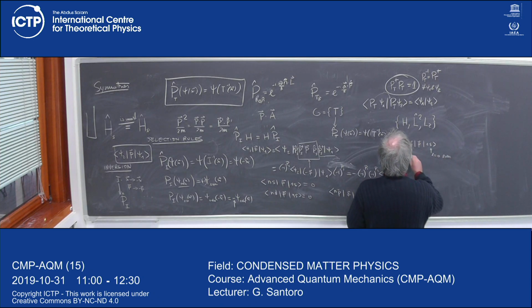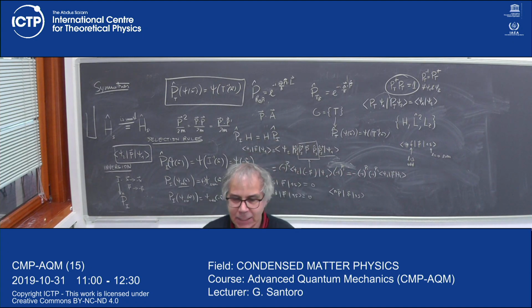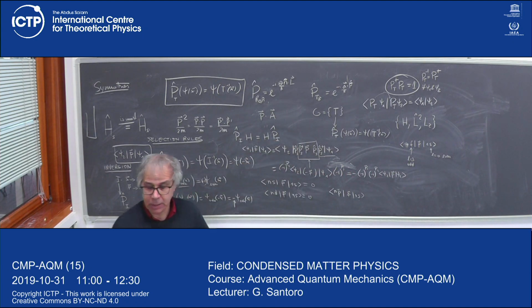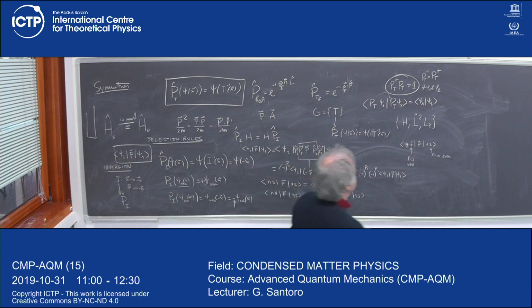This has L equal to 3, so it's odd. So in principle, they have a different parity. This might be different from 0. I cannot conclude from the parity selection rule that this is 0. However, this is 0.